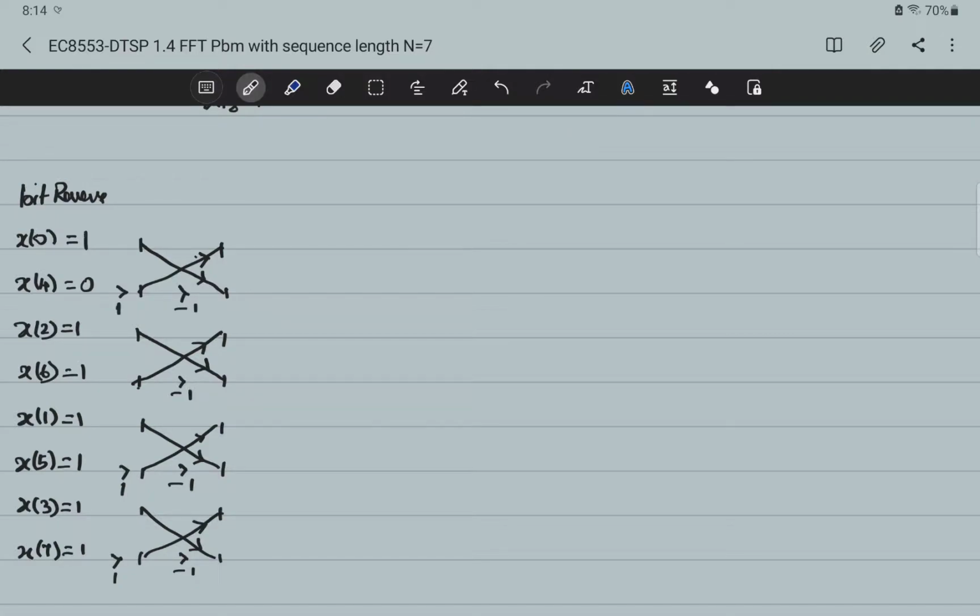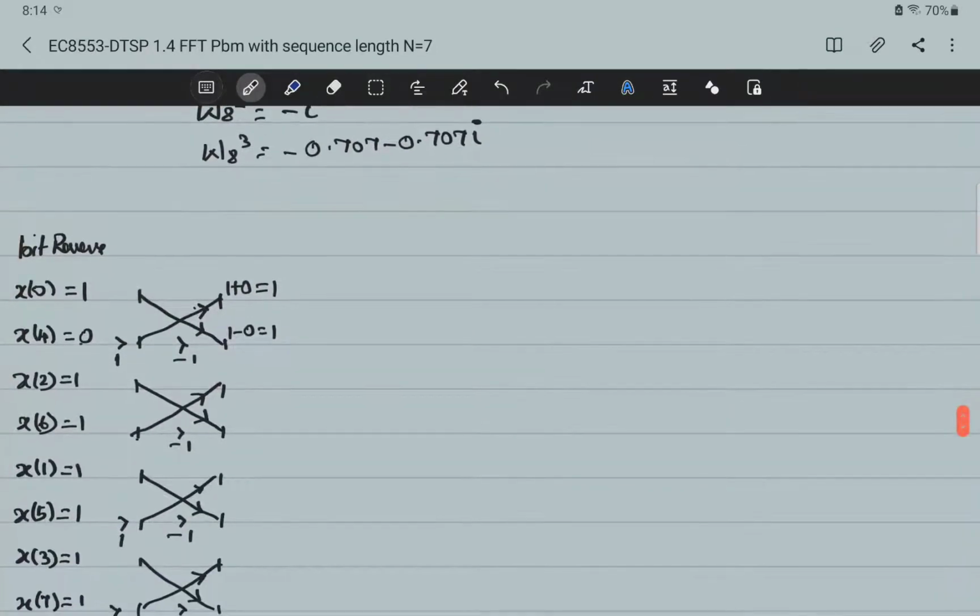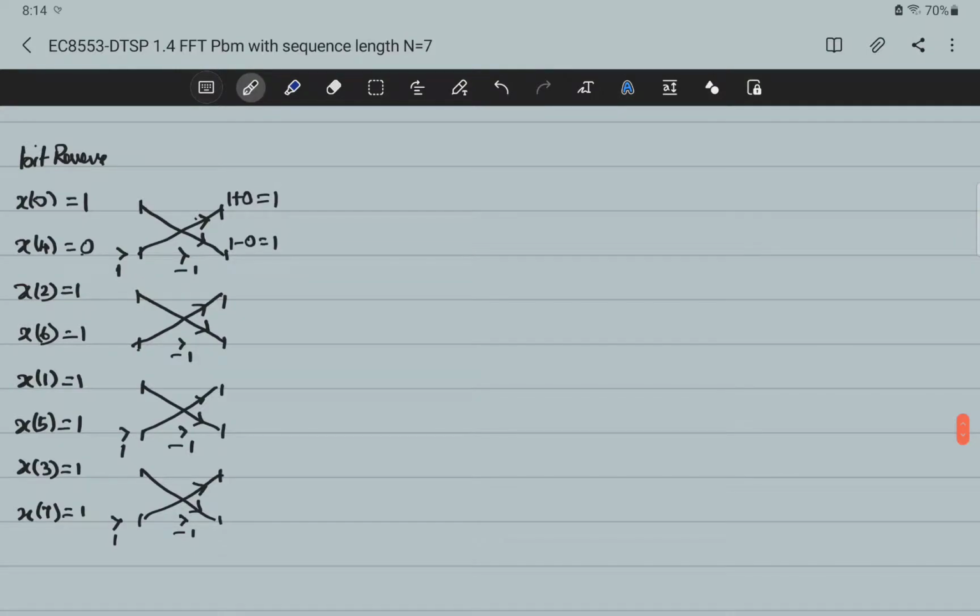So now 1 plus 0 equal to 1, 1 minus 0 equal to 1, and here you will get 1 plus 1 equal to 2, 1 minus 1 equal to 0, and 1 plus 1 equal to 2, 1 minus 1 equal to 0, and 1 plus 1 equal to 2, 1 minus 1 equal to 0. So this is your stage 1 answer.